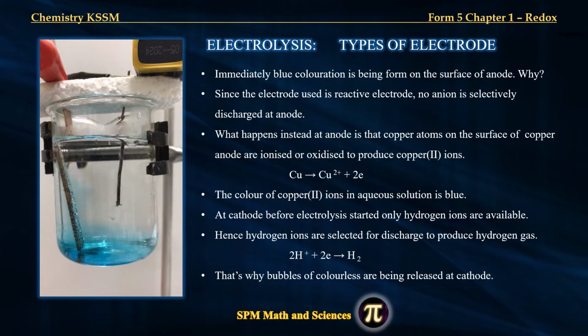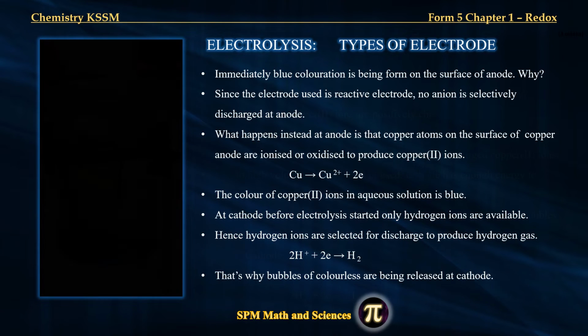However, later on, you can observe that a certain amount of copper metal is deposited at the cathode, because copper 2 ions are available now, as they are being formed at the anode.